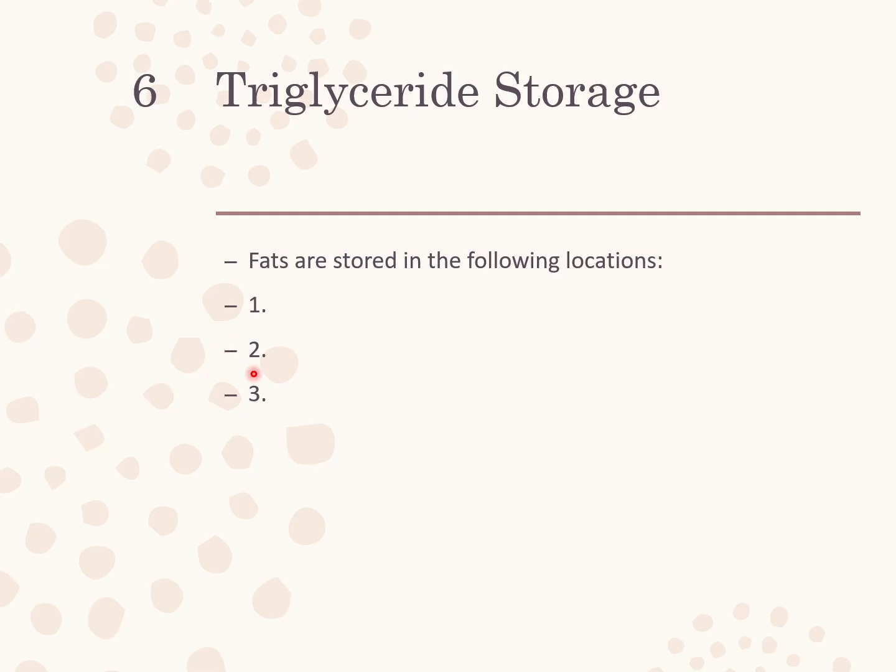Our liver fat storage is pretty similar across a variety of types of people. So again, there's not a whole lot we can do to modify the amount of fat we have stored in our liver. And then within the muscle, this can be modified depending on activity level.